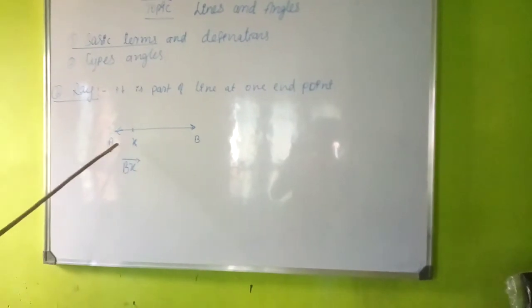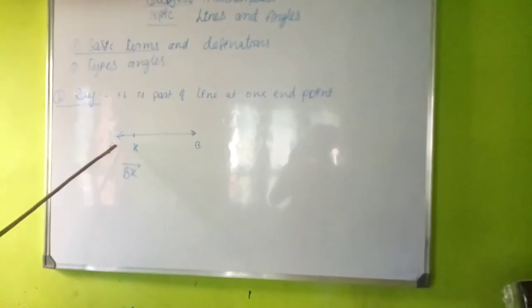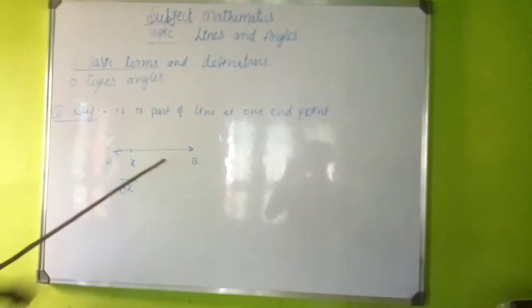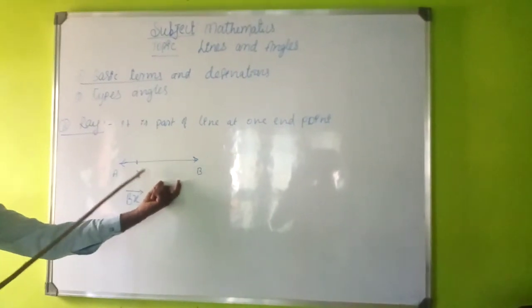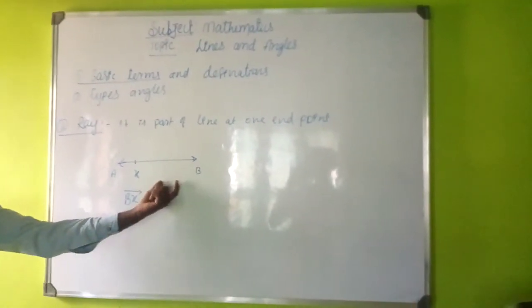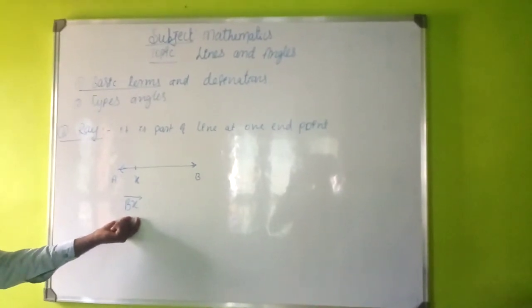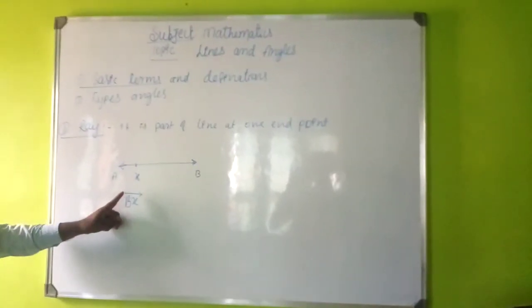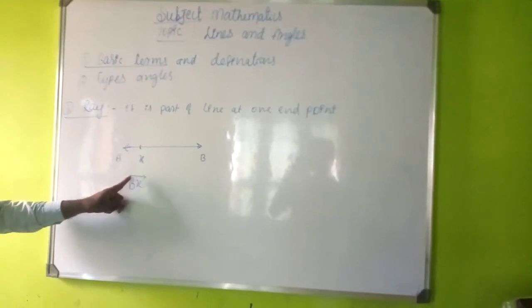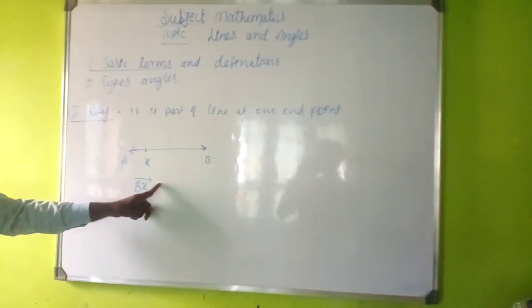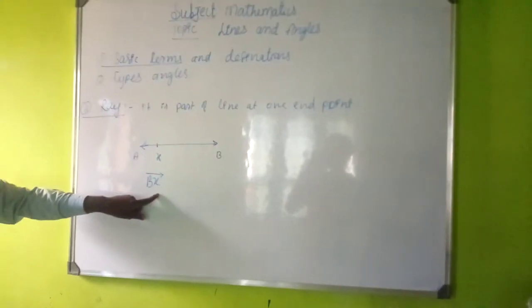Symbolically, diagrammatically, AB is your line, and in this, XB or BX we can call a ray. You can take one end point, while the other side is leading on endlessly. So this is the symbolic form of your ray.